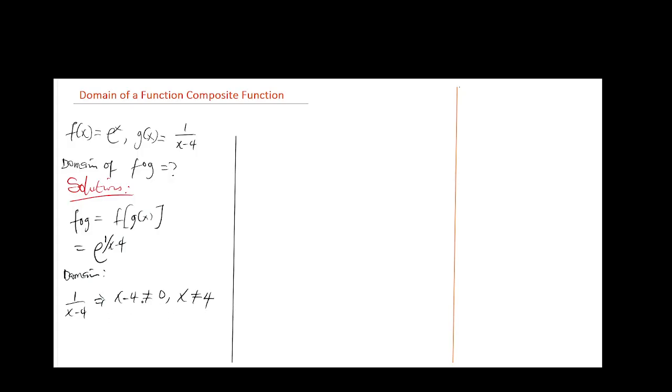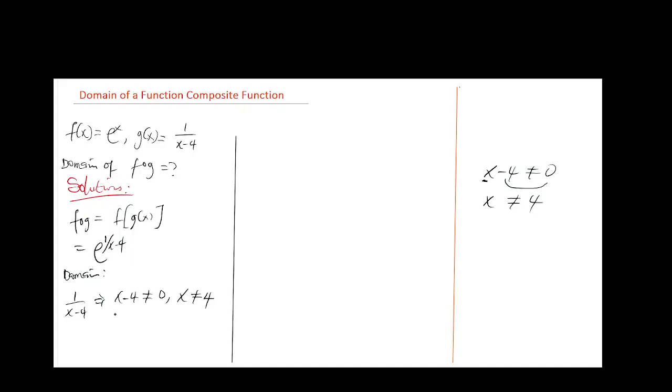Now you don't need to bother so much about this. You can even solve from here. X minus 4 is not equal 0. We solve for x here so that we have x not equal, and 4 crosses over the equality sign, it becomes 4. So that is how we got all of this.